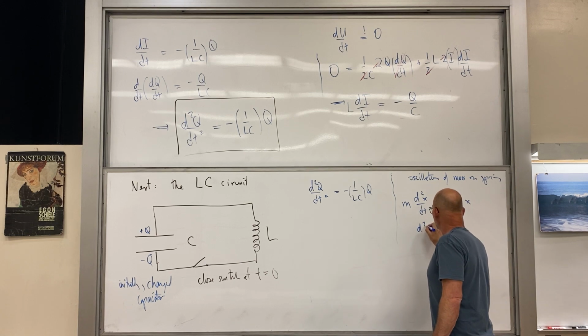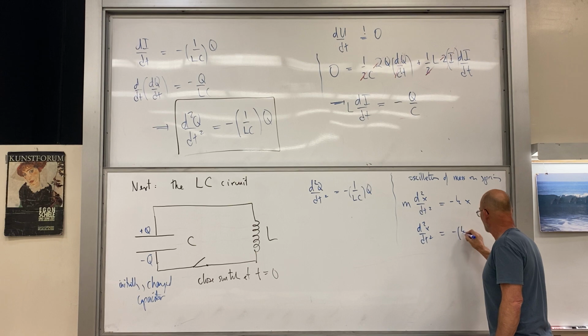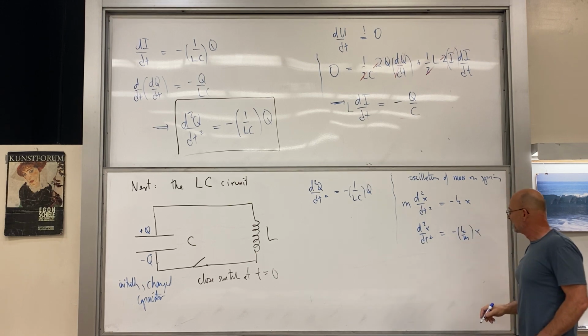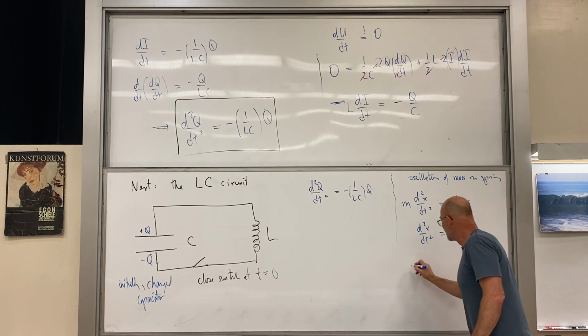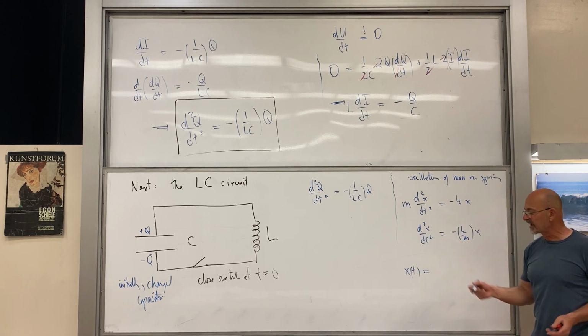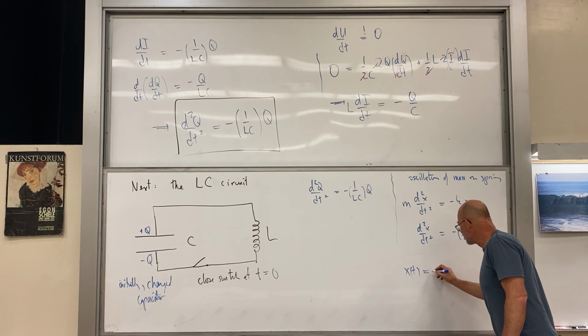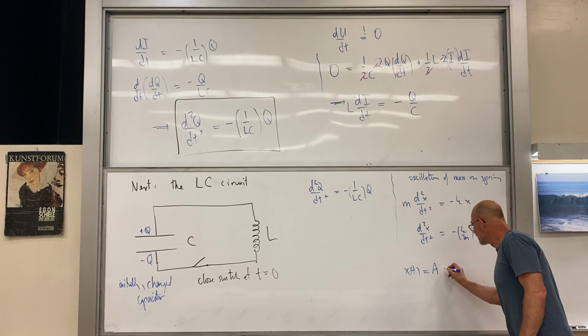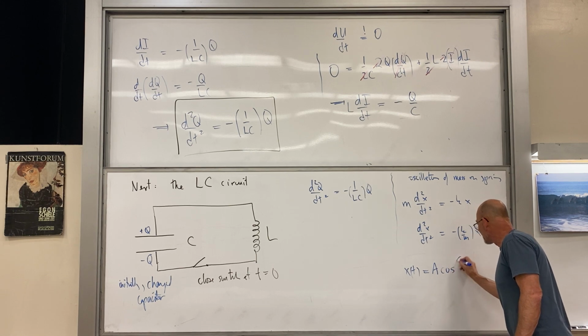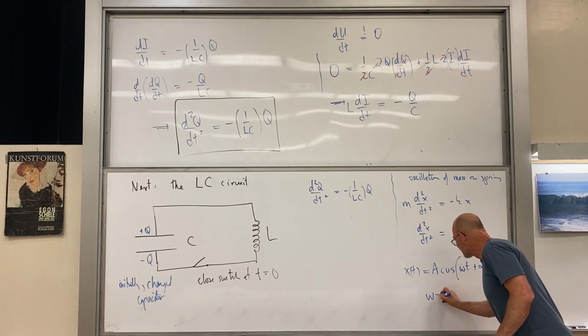So d squared x dt squared was equal to minus k over m x, and the solution x of t, and you can of course test this just by taking derivatives, was some constant called the amplitude cosine omega t plus some phase alpha, and omega was equal to the root k over m.